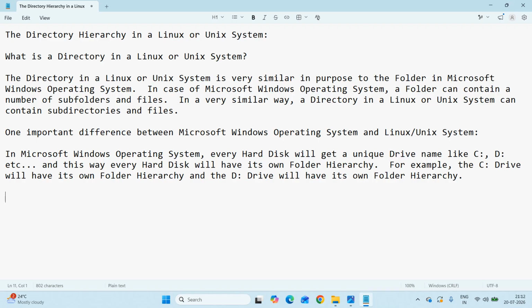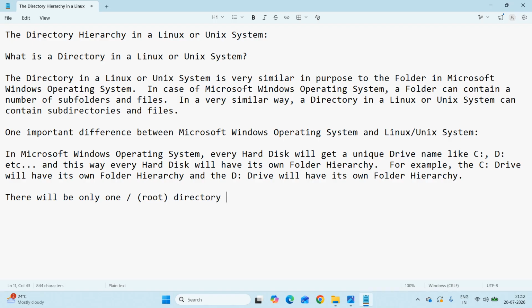Now, coming to the Linux and Unix side, people, it is like this. There will be only one directory at the top of the directory hierarchy in a Linux or Unix system, that is called the root directory.